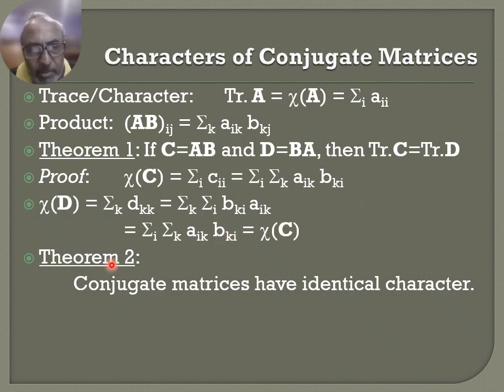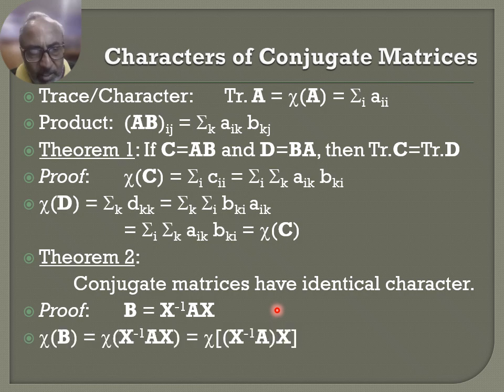The second theorem is that conjugate matrices have identical character. Now, if you recall, if matrices A and B satisfy this equation, B equals X inverse A X for any element X of the group, then A and B are said to be conjugate to each other.